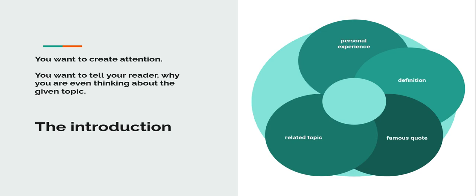Anyway, the next one would be you can start from a related topic. That means you think of things that are comparable or similar to your topic, and you write a little about this other issue, this other topic, and you use that other topic to lead your reader to the actual issue, and that can be quite successful.